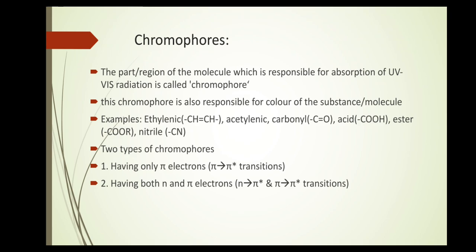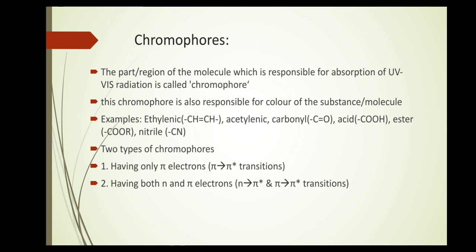Similarly, acid and ester also contain a carbon-oxygen double bond, and oxygen has 2 pairs of electrons. The nitrile group is C triple bond N. Here the carbon and nitrogen have 3 bonds between them, and the nitrogen has a pair of electrons on it.